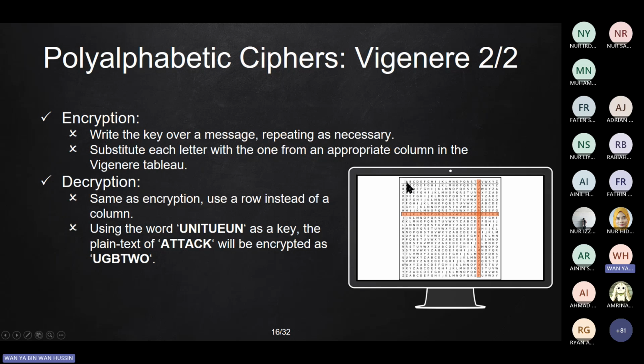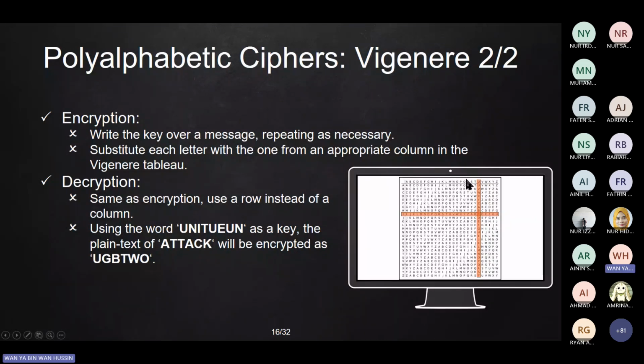Assume that this is for the key. This is for plain text. So in the middle is ciphertext.